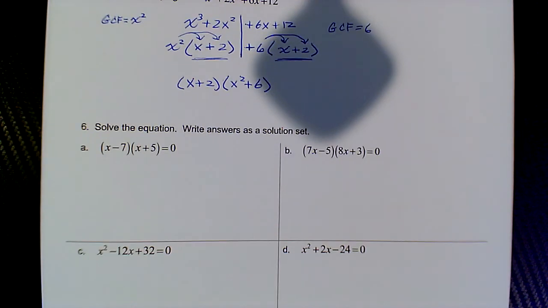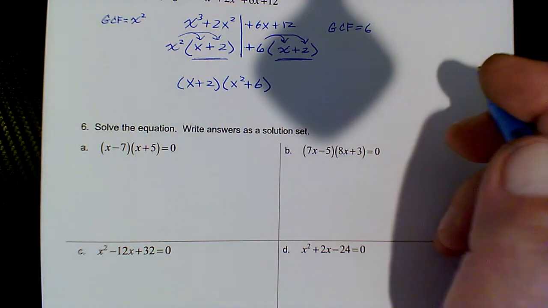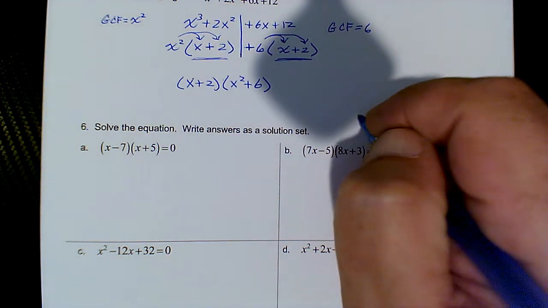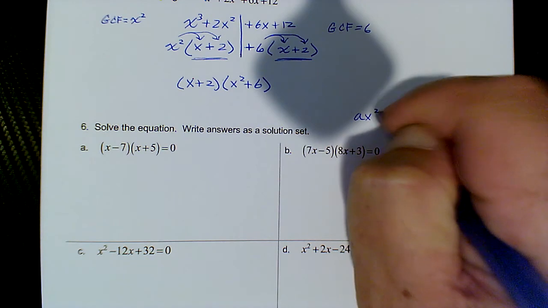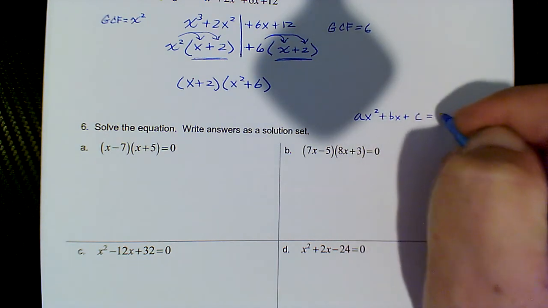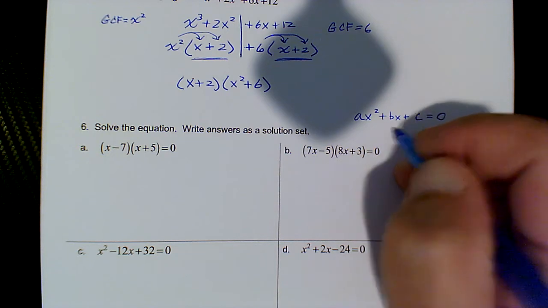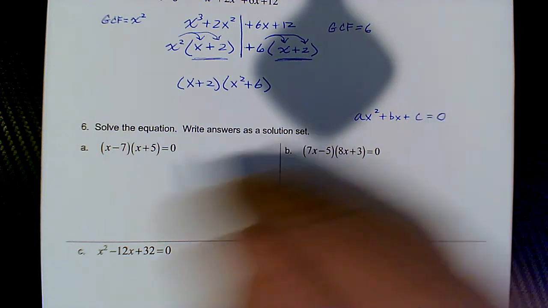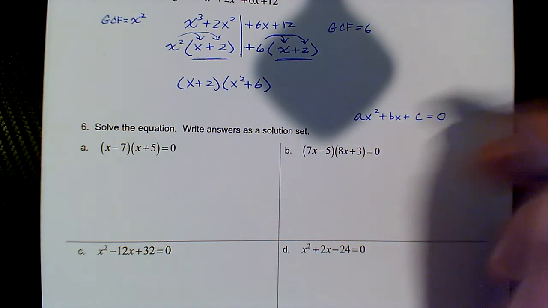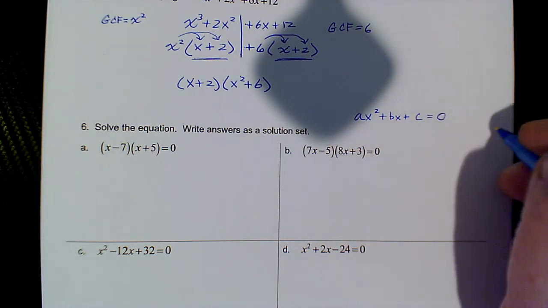The first two examples, A and B, have situations where the left-hand side is already factored for us. That is, we generally have the form ax squared plus bx plus c equaling 0, and it's factorable into the product of two binomials, as letters A and B already are, and then we use the zero factor property.